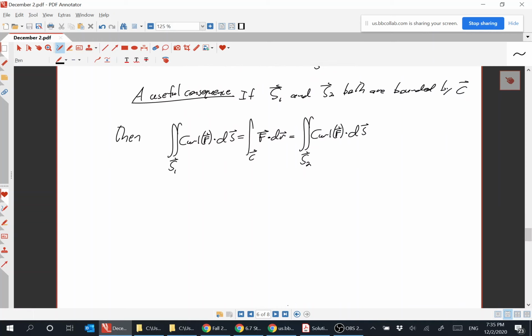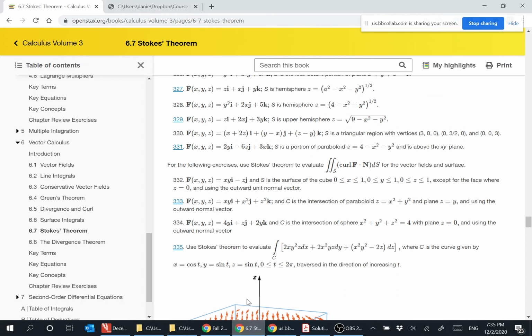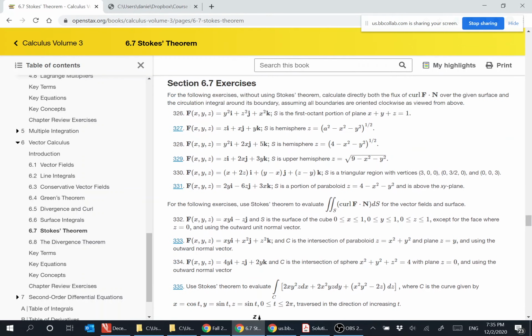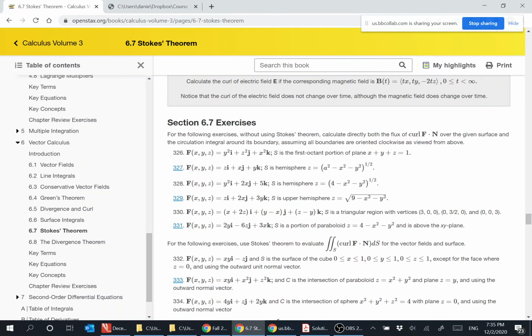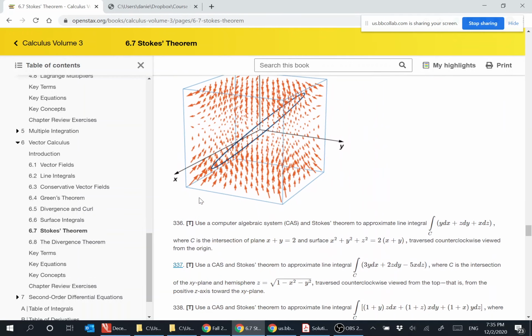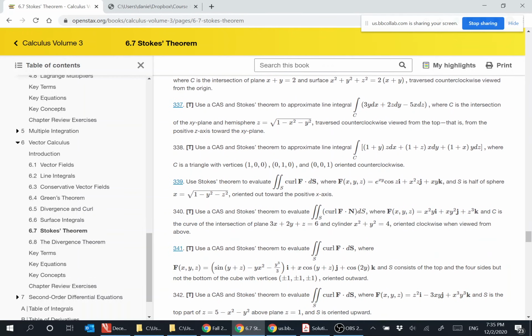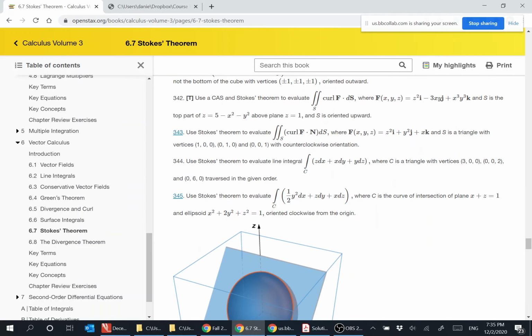And that can often be useful. So let's take a look at a couple problems here. So 329, 335, 344. So use Stokes' theorem to evaluate the line, well, okay, not that one.